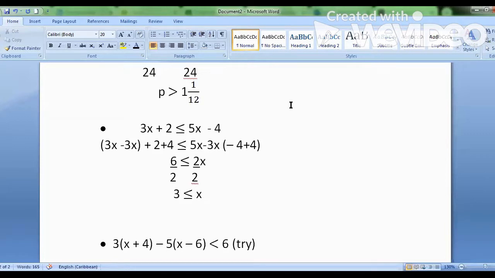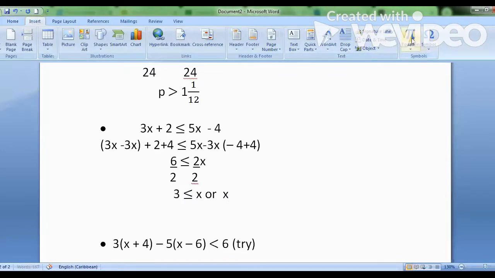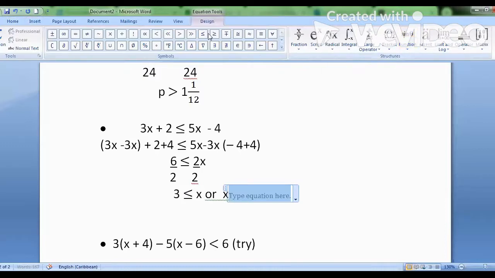All right, so it's 3 less than or equal to x, and... So this is another way where the signs will flip.